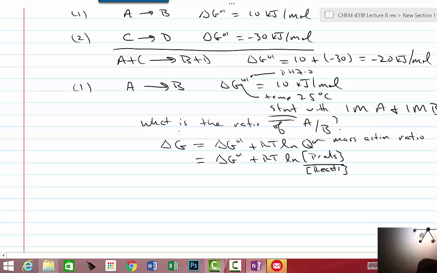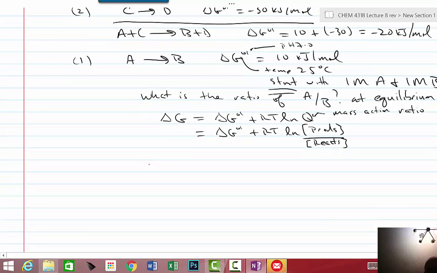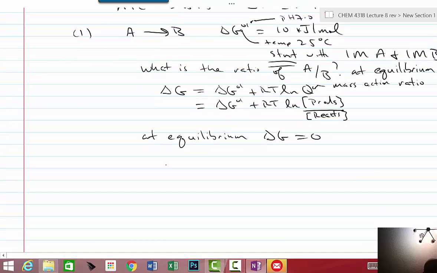Okay, so we want to know what the ratio of A to B is, and actually I'm going to make a caveat here. This is going to be at equilibrium. And at equilibrium, delta G overall equals 0.